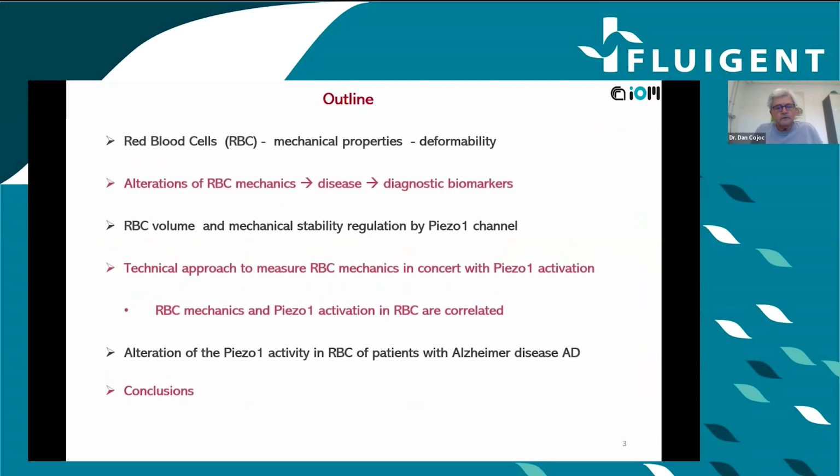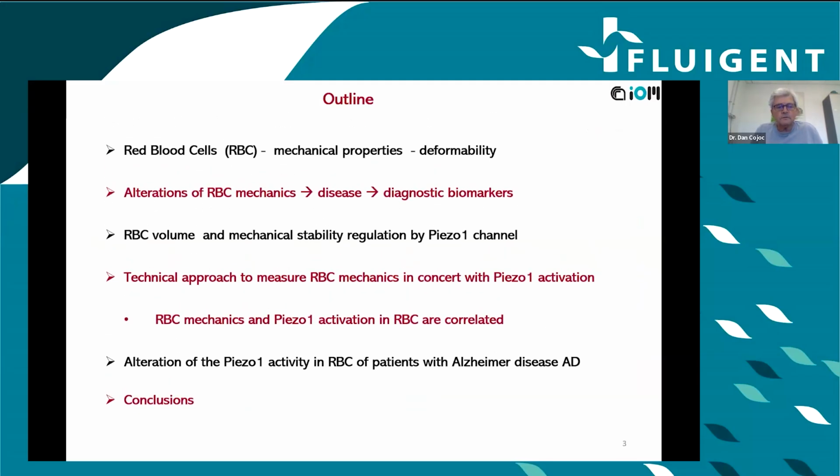The outline of my presentation is as follows. First I will mention briefly the mechanical properties, mainly the deformability, of the red blood cells. Then how alterations of red blood cell mechanics can influence disease, and how we can use this alteration as diagnostic biomarkers.